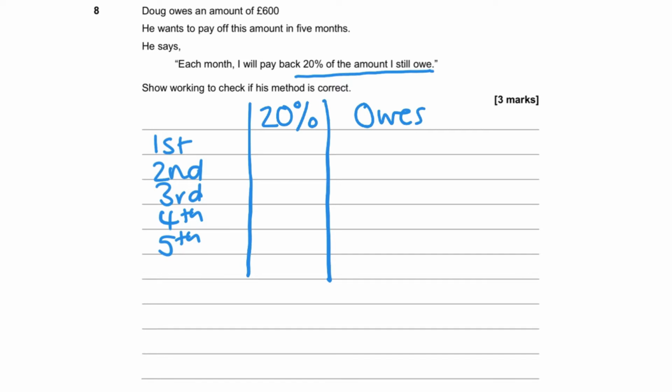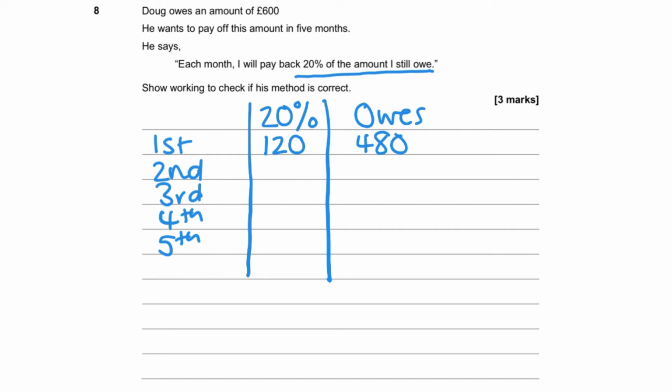So this question was on a calculator paper, so we can easily find out what 20% is. We'll divide 600 by 100 to work out 1%, and then times it by 20 to get 20%. So 20% of 600 is £120. So if we take that away, he still owes £480 at the end of that month.